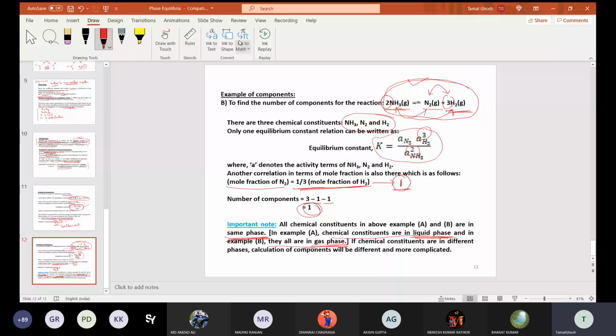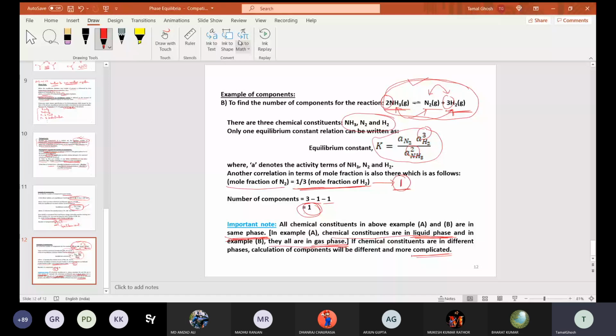That calculation will not be the same, and under that situation you will get a component value other than 1 also. So don't misunderstand that the component will always be 1. It is not so. Here they are appearing in the same phase.